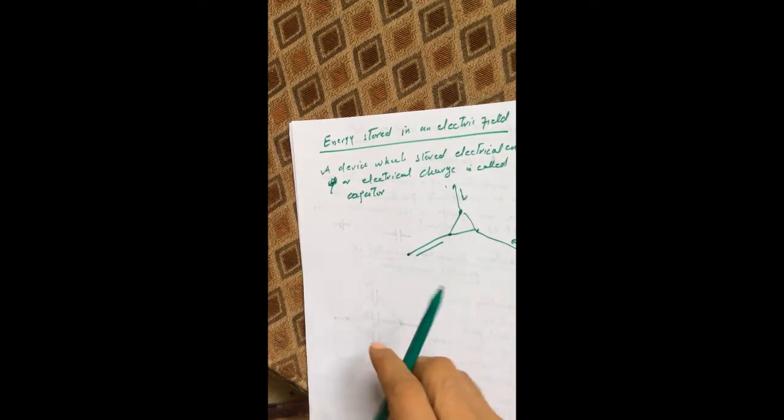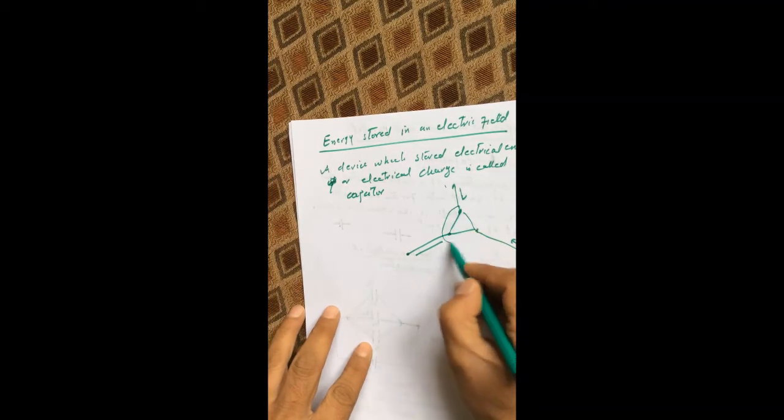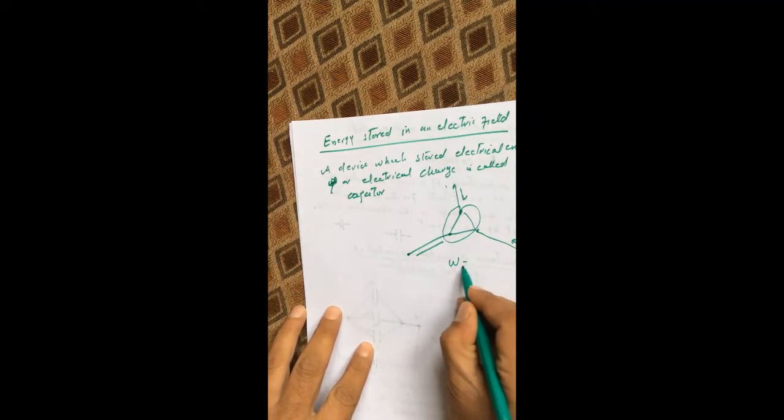We need to do work to assemble these charges, and that work can be stored in the form of potential energy. This is the concept which we already discussed before.